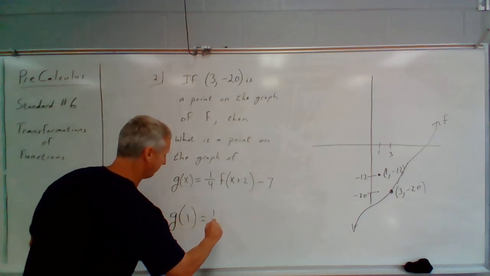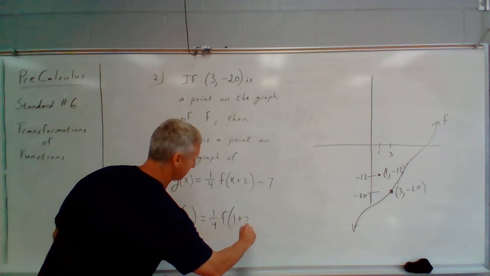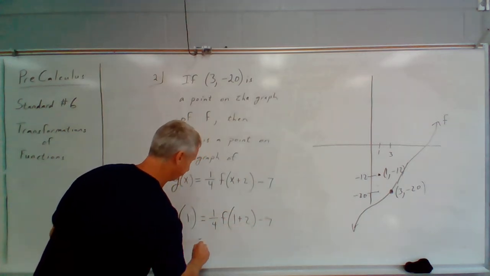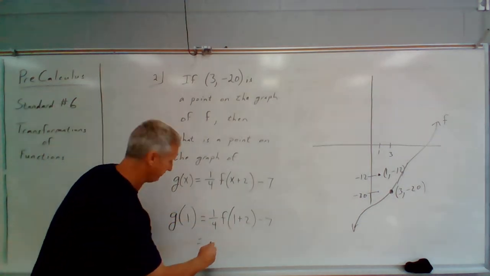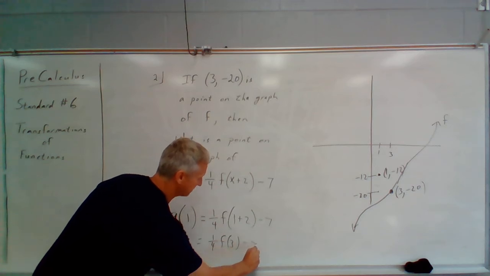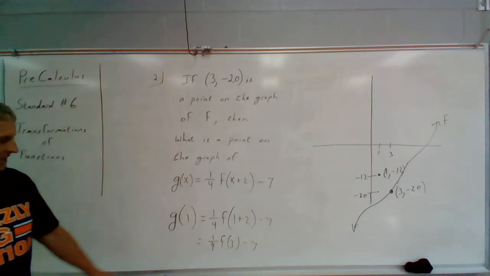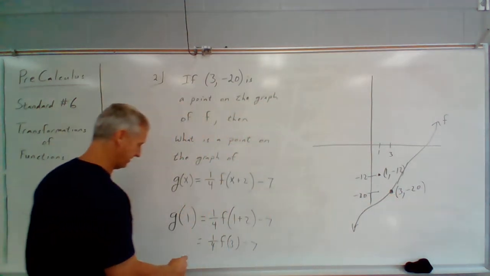So if you find g of 1, you've got 1/4 times f of 1 plus 2 minus 7. 1 plus 2 is 3, so I got 1/4 times f of 3 minus 7. F of 3, I told you what it was, -20.